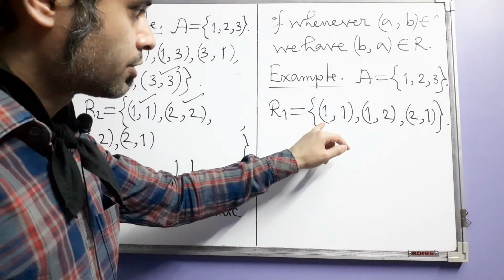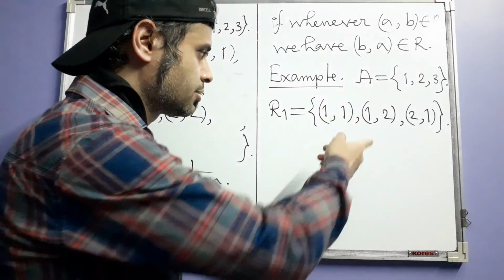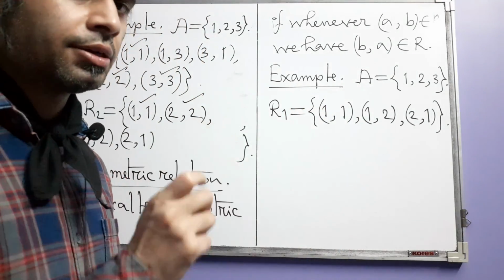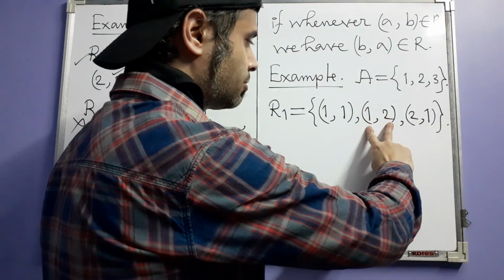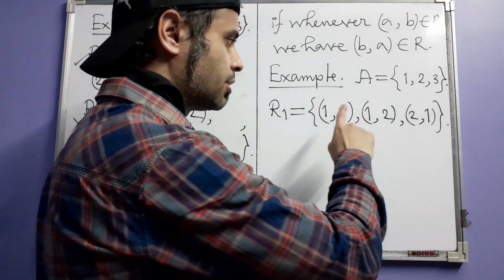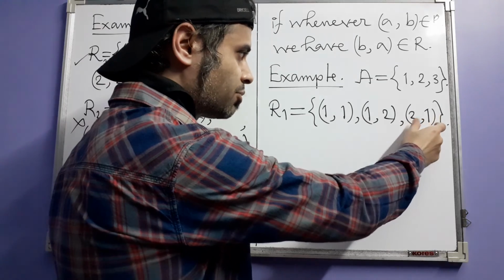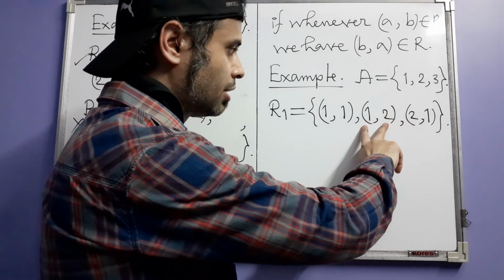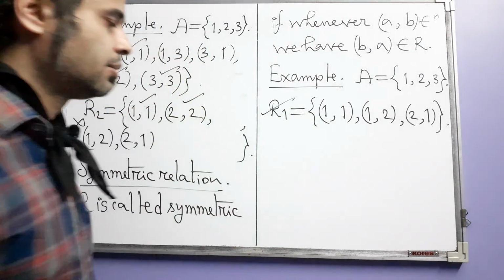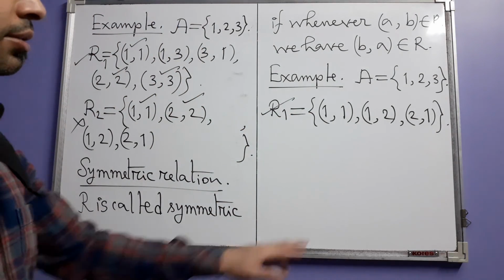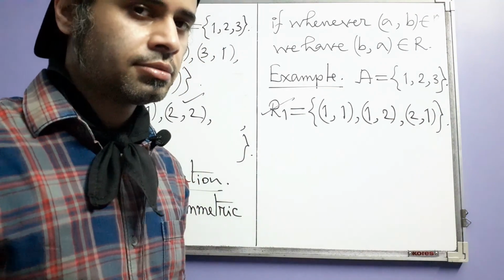Yes. For this element 1 comma 1, if you interchange its coordinates, you do not get anything new. You again get 1 comma 1, which already is here. If you consider 1 comma 2 and interchange the coordinates, you get 2 comma 1. Is that also in R1? Yes. If you consider 2 comma 1 and interchange its coordinates, you get 1 comma 2. That is also in R1. And that is why R1 is symmetric. See, these elements do not have anything to do with 3. That's okay. That's not a problem.